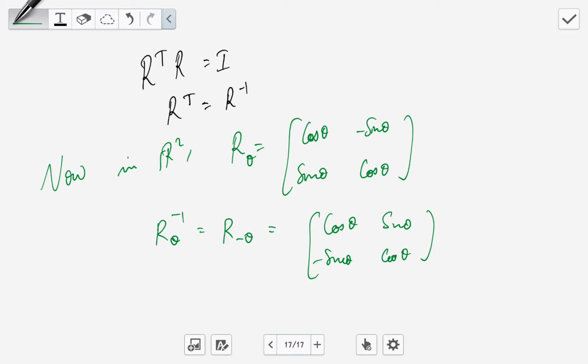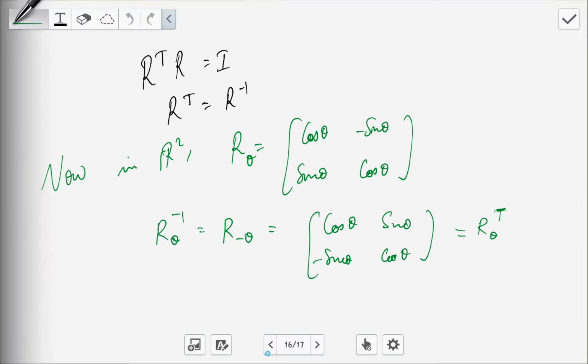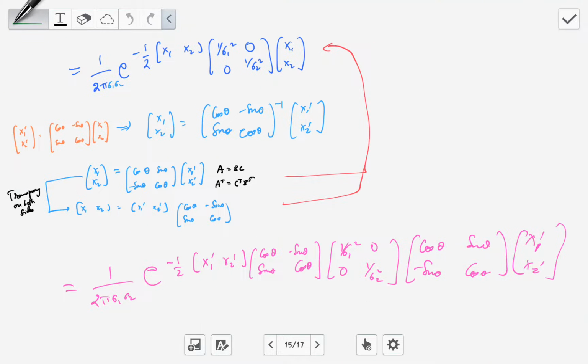Do you see that this is the transpose of the first one? That was what I wanted to point out here.